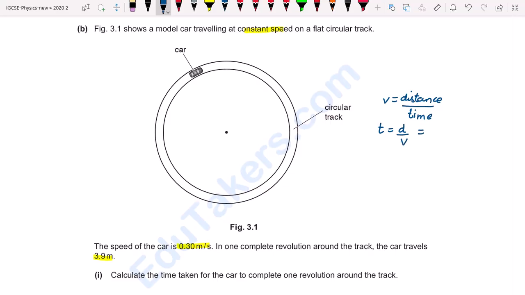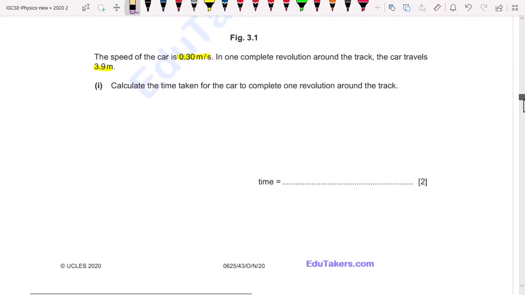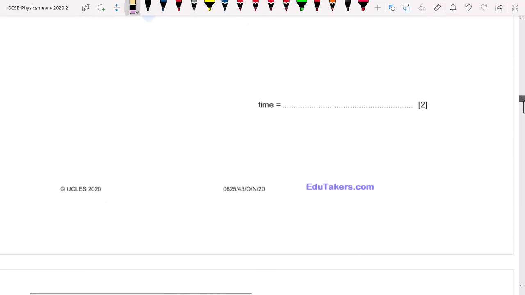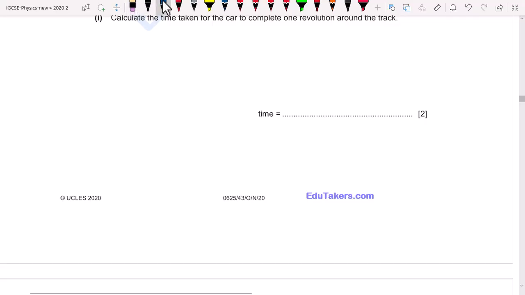Distance is given as 3.9 meters, 3.9 divided by speed, which is 0.30. So time comes to be 1.3 seconds. So I write here 1.3 seconds.